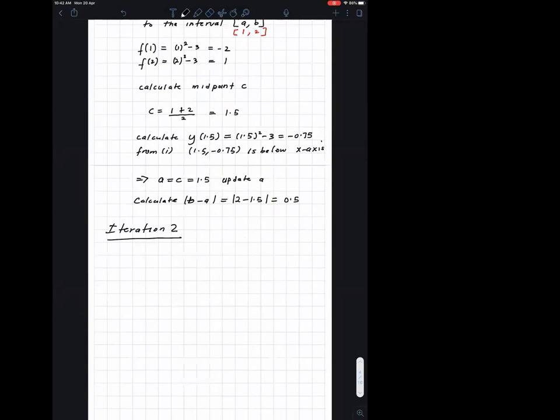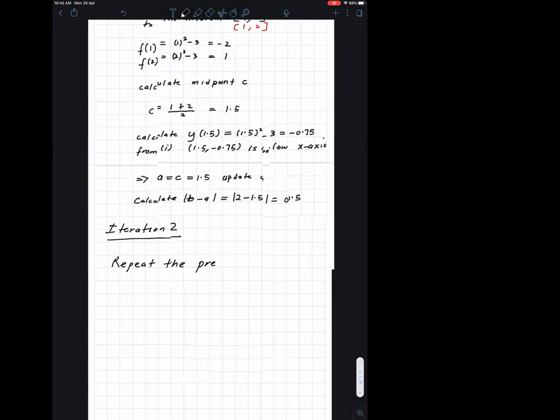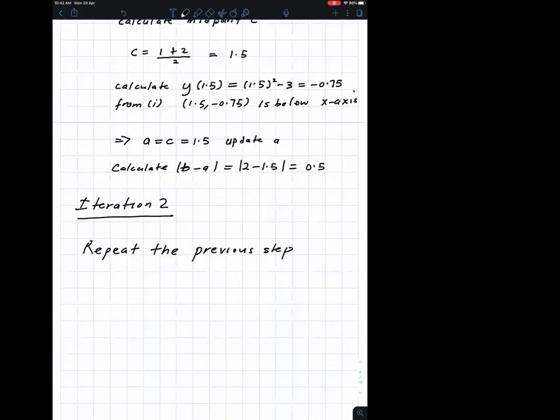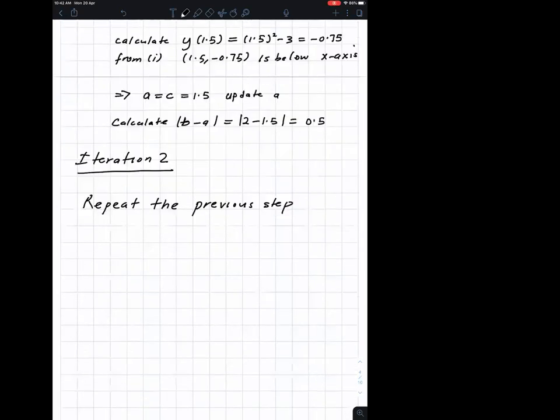Iteration 2, repeat the previous step. Are you guys okay? I'm good, sir. Okay, repeat the previous step and calculate a new midpoint.